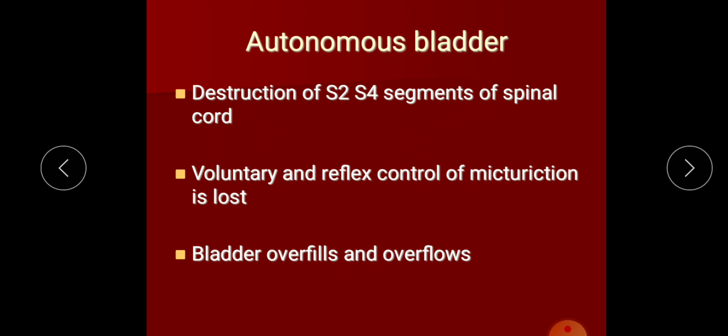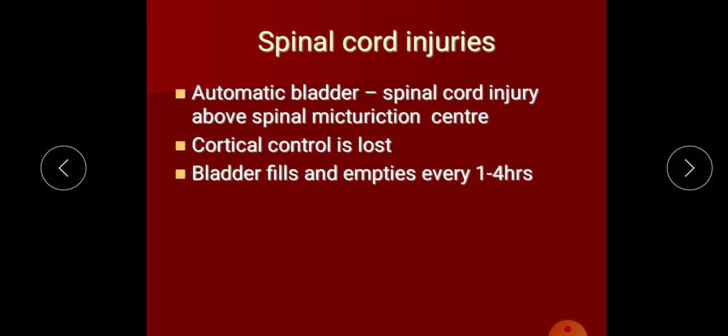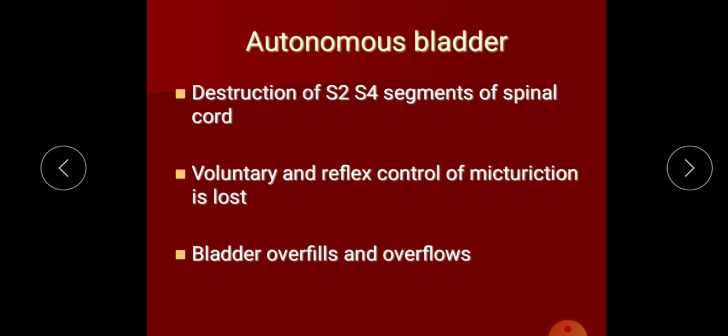That type of bladder, where you get a defect at the spinal cord level of S2, S3, S4, is what is termed the autonomous bladder. So in the autonomous bladder you get overfilling and overflowing. But in the other one, where the cortical control was lost, the bladder will fill and empty every 1 to 4 hours. So these two, automatic bladder and autonomous bladder, are the two abnormalities that you should be aware of.